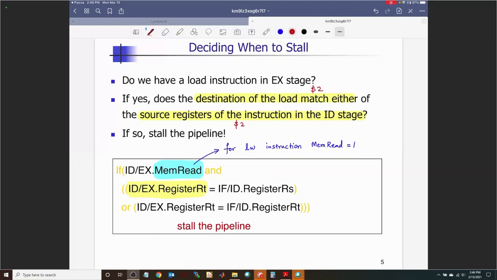So this is your destination of load. Does that match source? In this case, we are just checking for RS, and you have another statement just below that checking for RT. Source of next instruction.